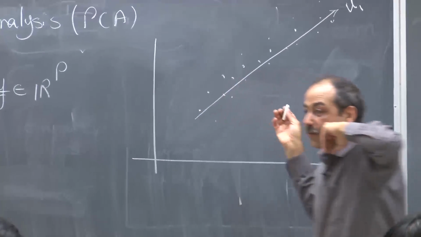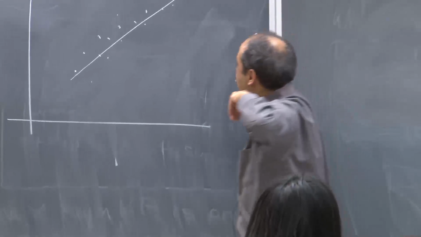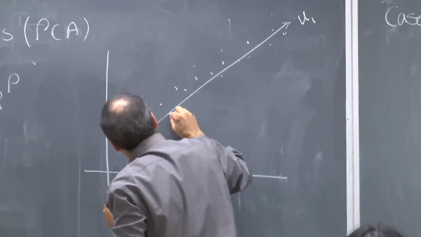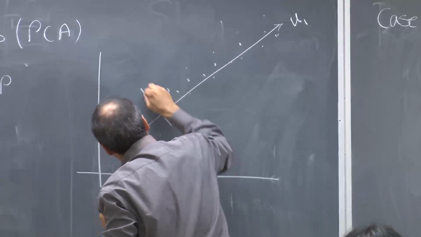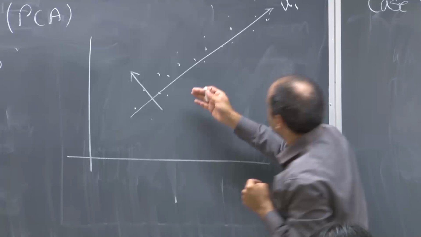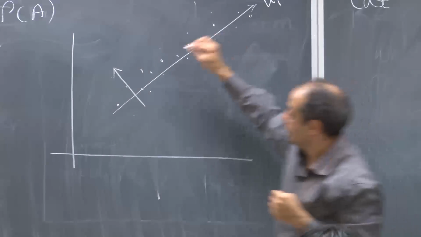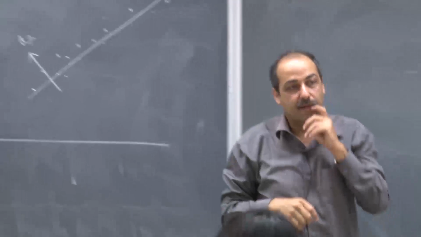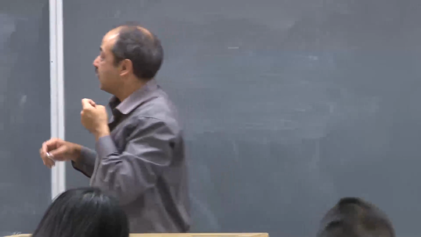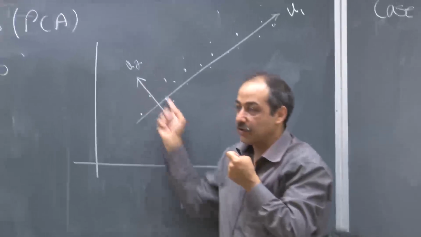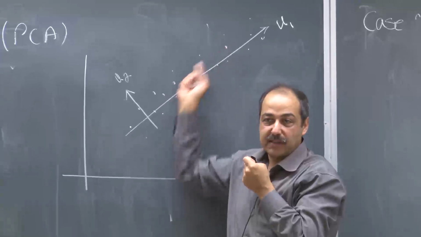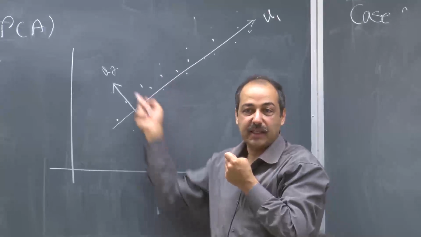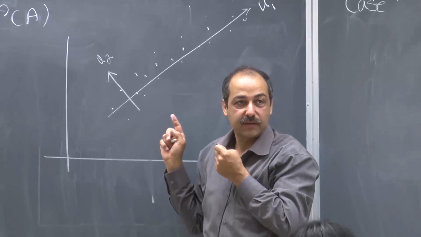The second principal component is a direction which is orthogonal to the first one and captures the second maximum variation of the data. So this is the maximum variation of the data. This is the second maximum variation of the data.